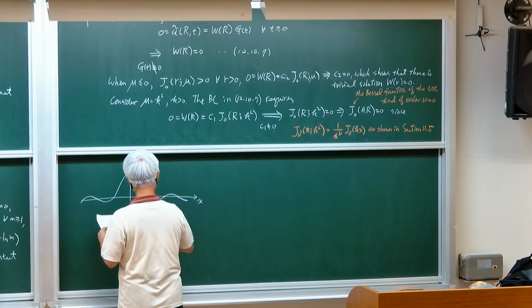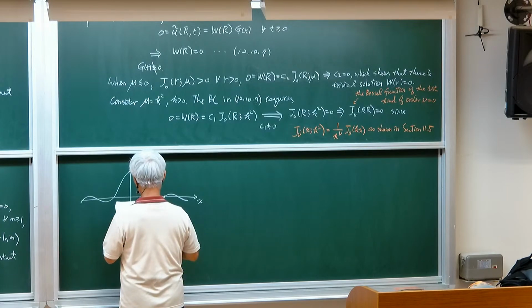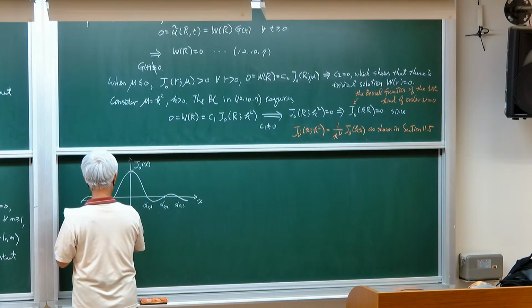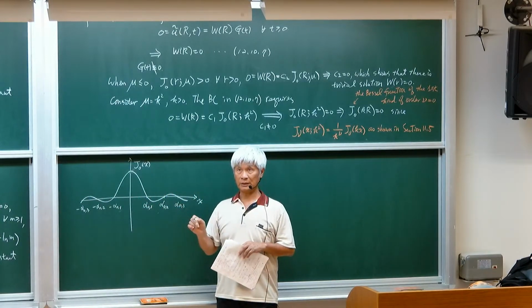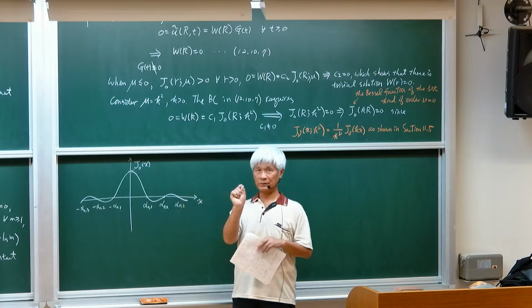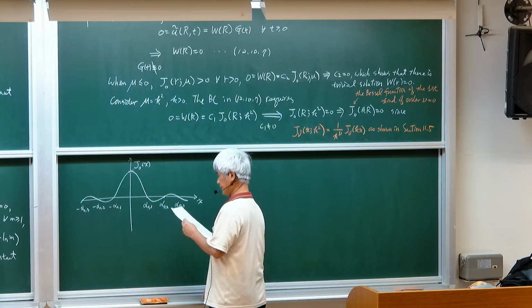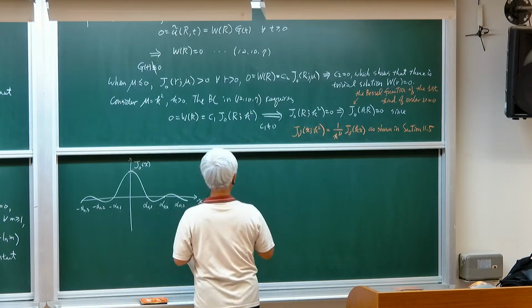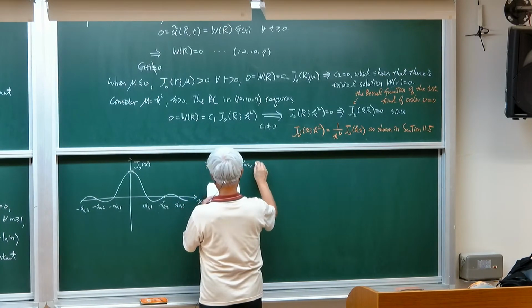So we call them alpha_01, alpha_02, alpha_03, and here is minus alpha_01, minus alpha_02, minus alpha_03. The first 0 means that this is for the Bessel function of the first kind of order 0, so we use two indices to indicate the zeros.